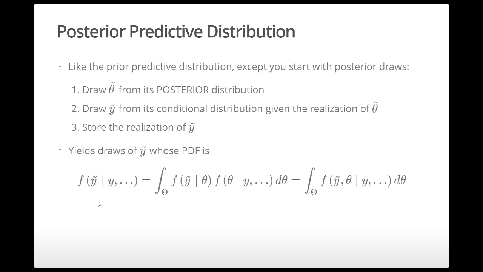So this I refer to, no one else does, as the Bayesian hokey pokey, because you sort of take this density that you want, you put in theta, which are the parameters, and expand it as a product, and then you integrate theta out, leaving you with the density that you wanted.